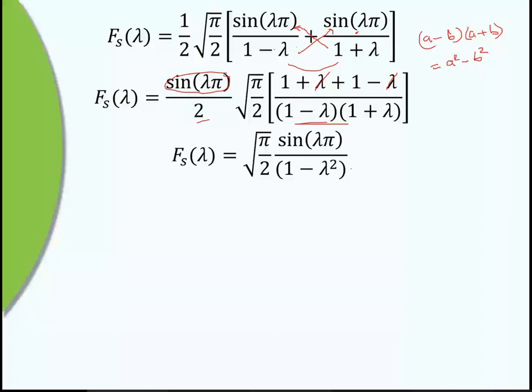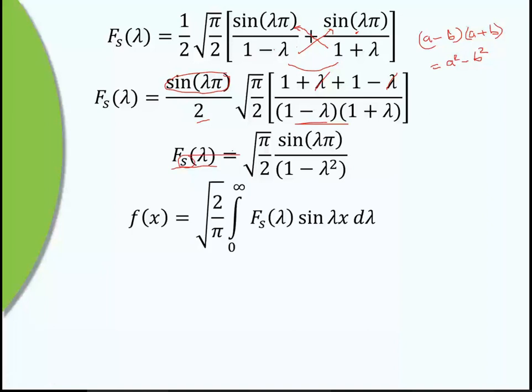But we want the right hand side, that is f of x in the form of integration. Just now we got the Fourier transform, but we want the inverse Fourier transform, which gives us f of x in the form of integration. Here sine is used, so use the inverse Fourier sine transform. By the standard formula, f of x is equal to square root of 2 by pi integral 0 to infinity Fs of lambda into sine lambda x d lambda.